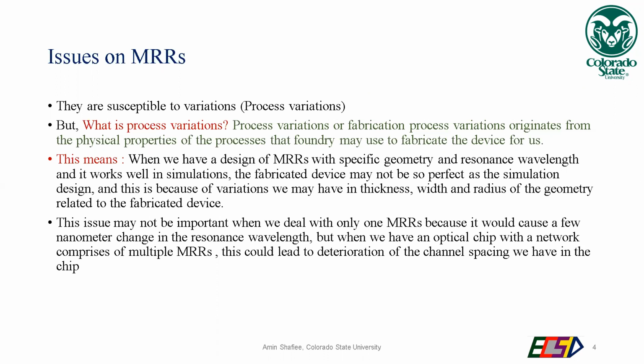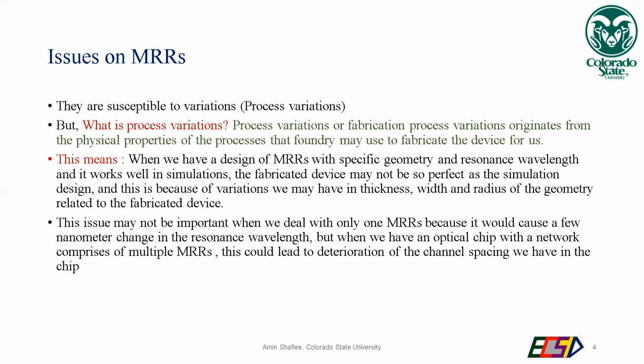So whenever we plan to design a component, in our case MRRs, which have specific geometry and resonance wavelength, it works perfectly while simulating. But the actual fabricated device might not be as perfect as the simulated design, because of the variations during the fabrication process in terms of thickness, width, or radius of the component geometry.